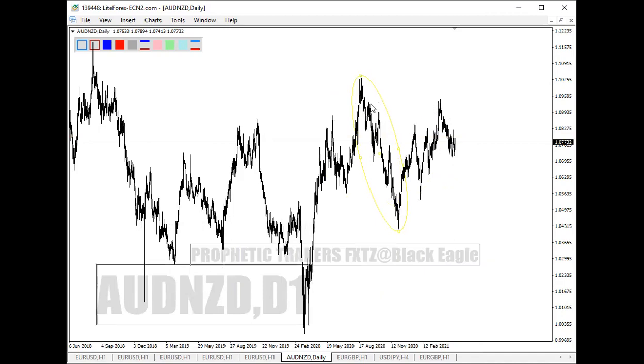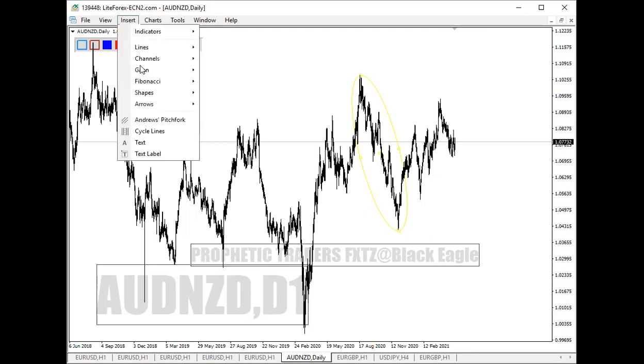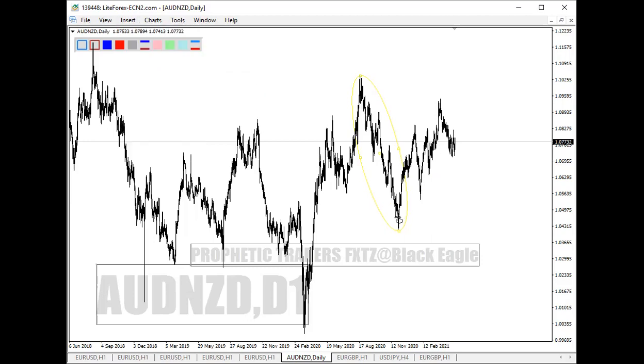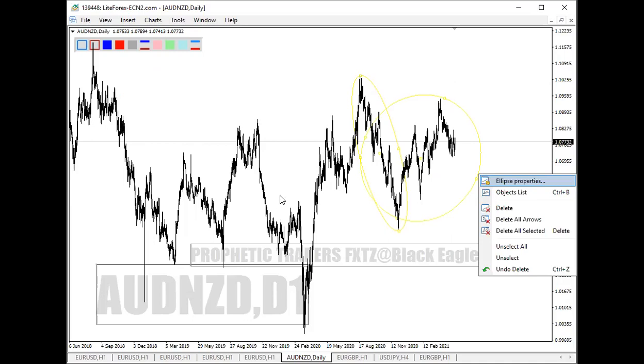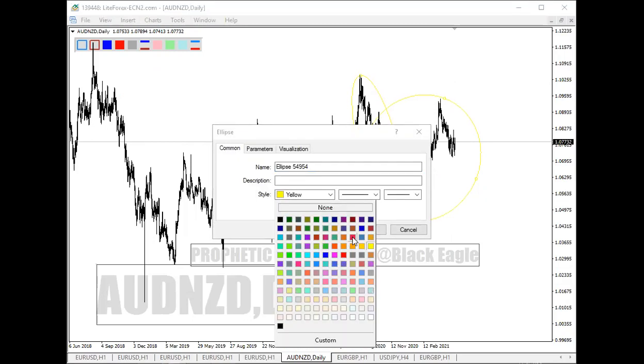This is a minor trend: minor uptrend, minor downtrend, minor uptrend. That's how the retracement is. Let's change color.